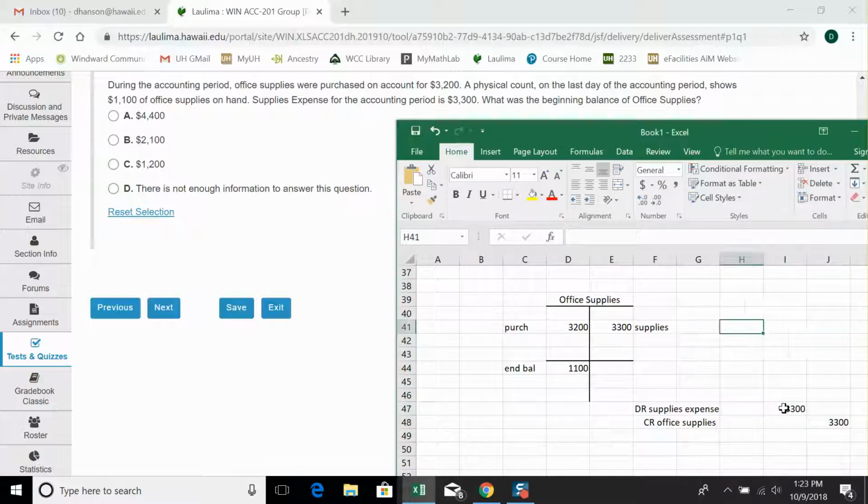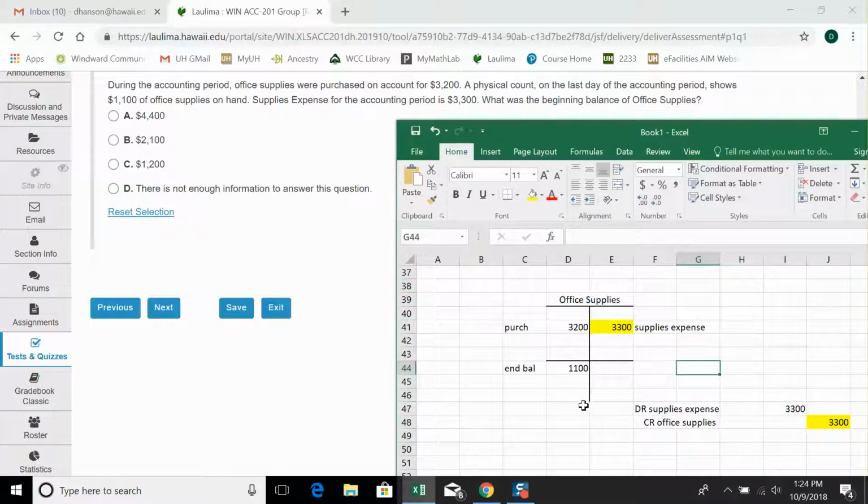Okay. So we know that this 3,300 here in yellow is that corresponding credit from that journal entry that had to have happened for supplies expense to have been recorded. So office supplies would have decreased for the effect of supplies expense.